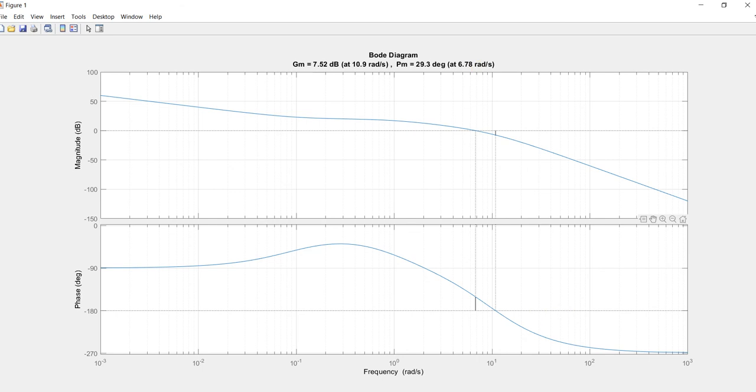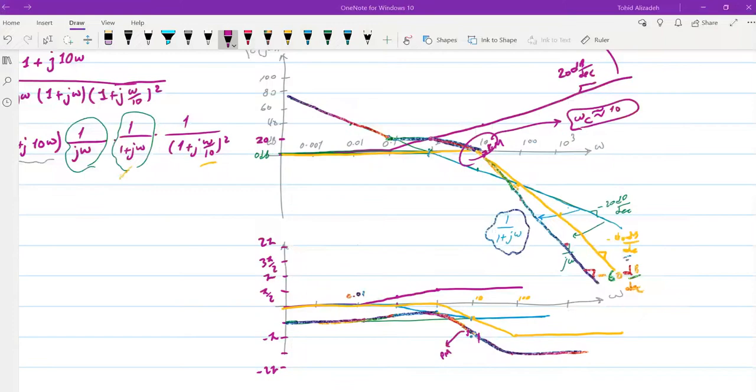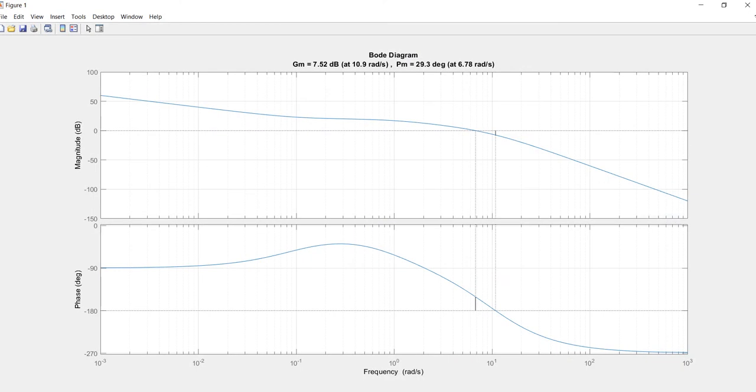You can see that the bode plot that we have here for L of j omega is somehow similar to the one that we have obtained over here. You can compare them indeed. And the phase finally goes towards minus 270. It starts from minus 90 degrees. So basically it is quite similar. The tricky point is to find out the crossover frequencies. If you want to find the exact one, you need to set the amplitude of L of j omega equal to 1 or 0 dB and find out the crossover frequency, and then you can find the phase margin.